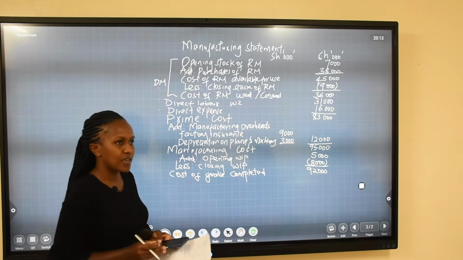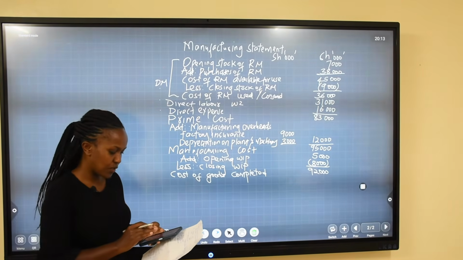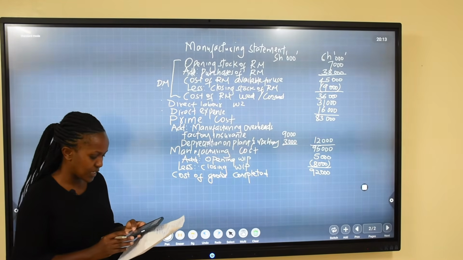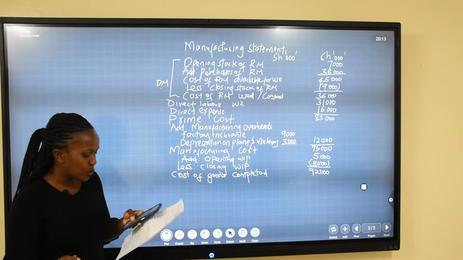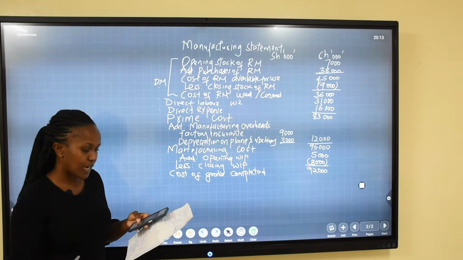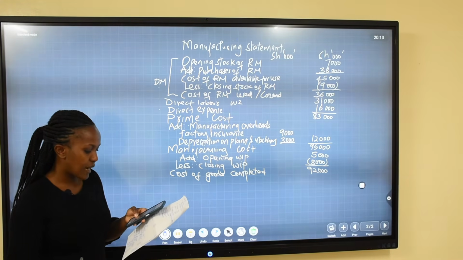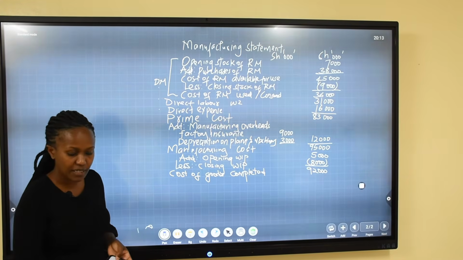Now this brings us back to the additional information number 2. If you remember, it says that the factory output will be transferred to the trading profit and loss at a factory cost plus 25% profit.